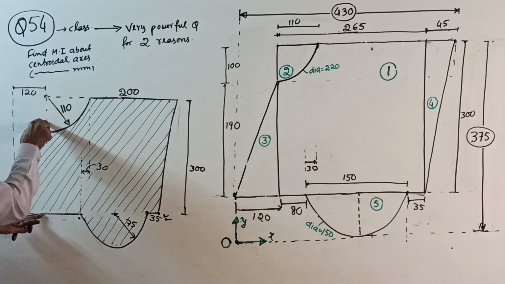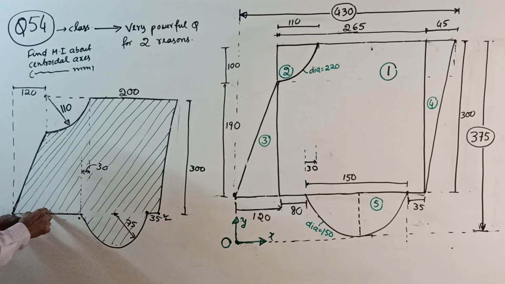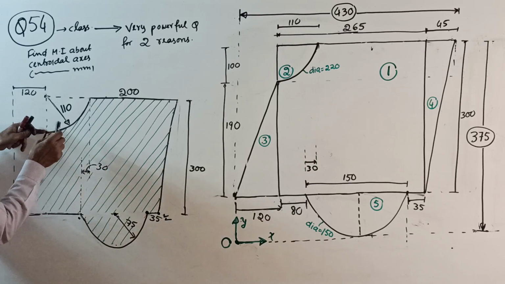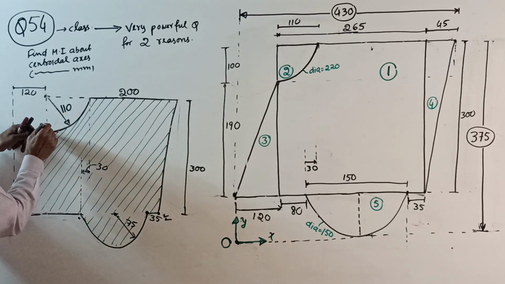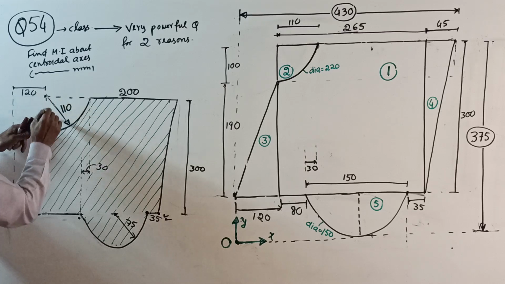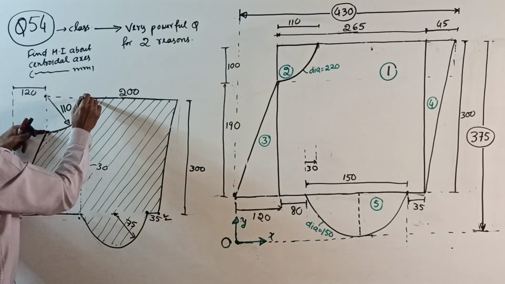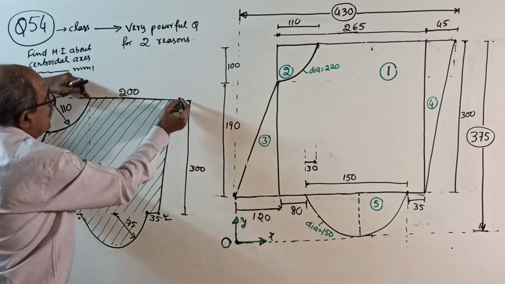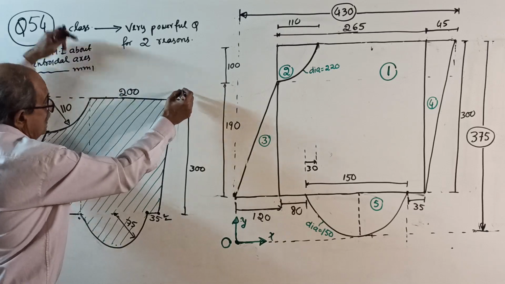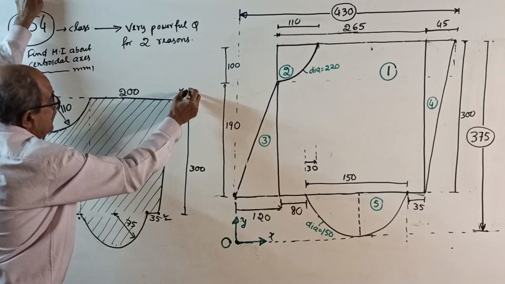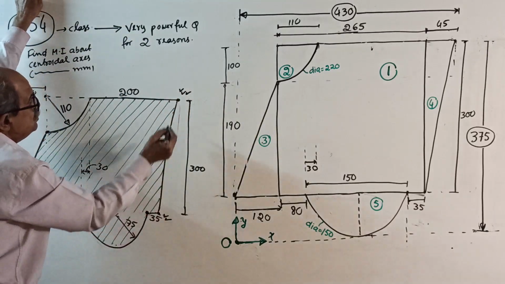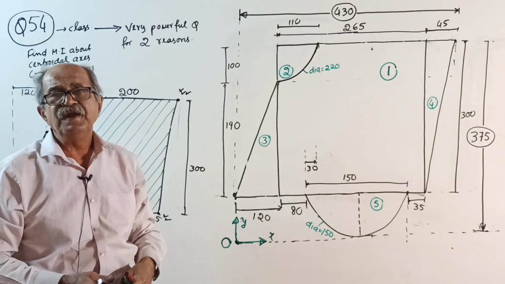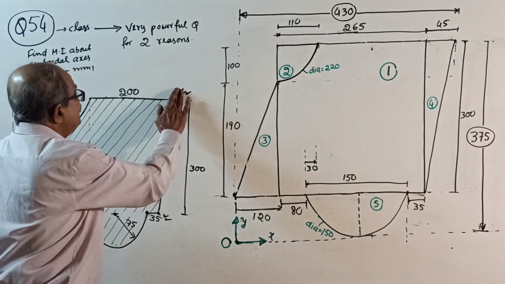This radius is 110, so go vertically up by 190. This point you will reach. From there, go further here, mark the center and draw a quadrant. You reach this point. From this point, go right side by 200. You reach this point, so I will put triple right. Join double right to triple right. Yes, you can join it. So there are no missing dimensions. The given sketch is correct.